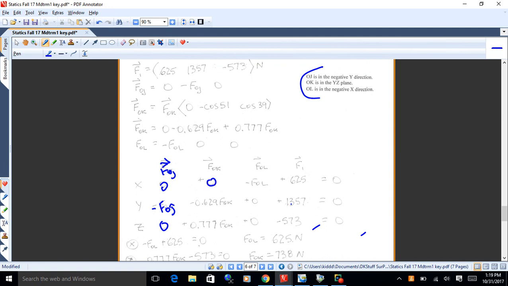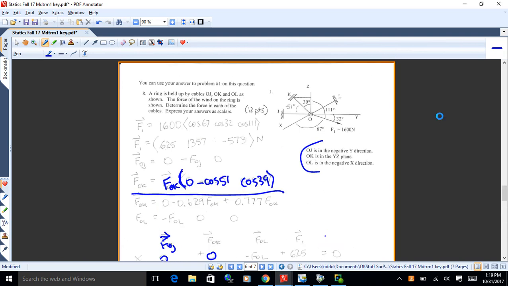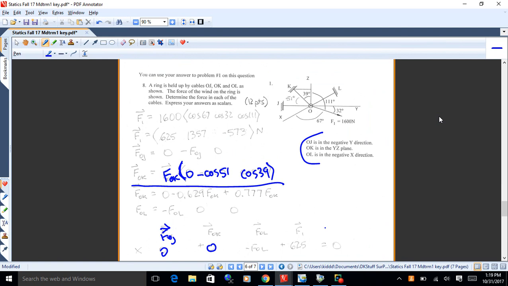Now, that's FOK times 0, because it has no x component, minus cosine 51 in the y, cosine 39 in the k. See, what that thing's doing is it's making a 39-degree angle with the positive z direction. It's shown that it's in the yz plane.